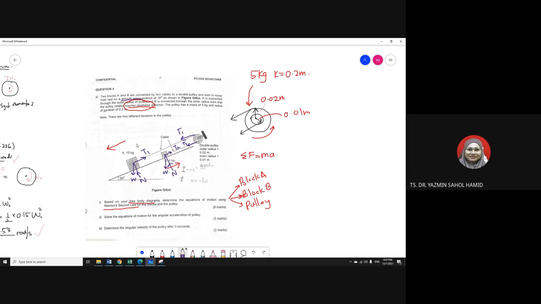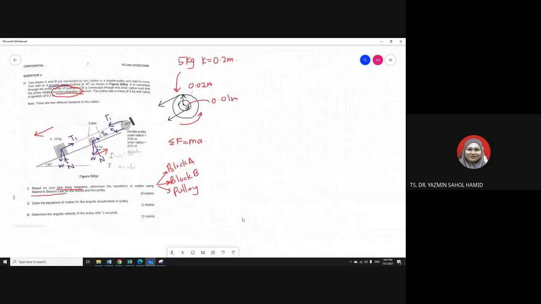Now that you have this diagram complete, only then can you write down the correct equation. It is very simple: you use summation of forces, F equals ma. Let's do block A first.